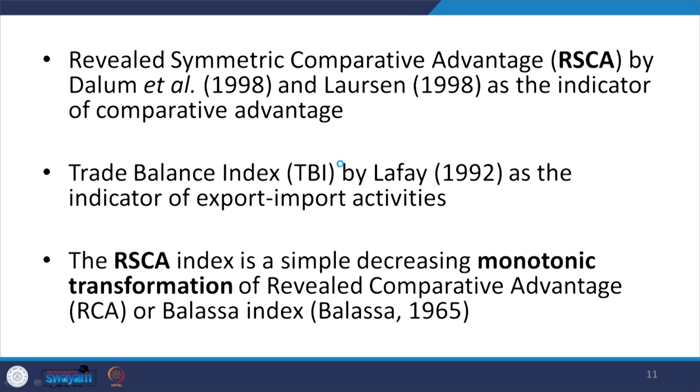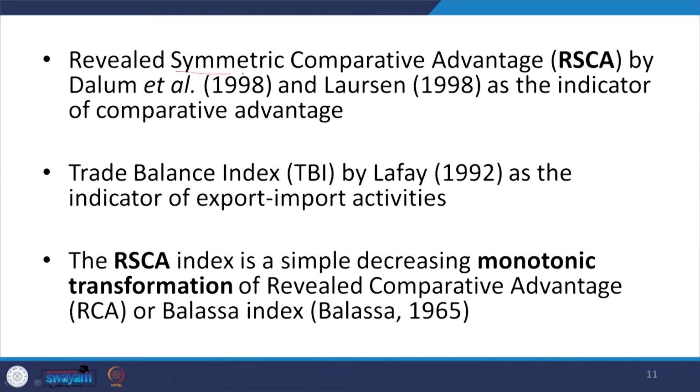as systematically as possible. So, there are basically two approaches applied by the authors. They said instead of revealed comparative advantage, which we tried to discuss but is incomplete, we will discuss today in another 5-6 minutes in detail. So, revealed comparative advantage is not just enough to explain; they said it must be systematically presented, developed by Dalum et al. in a 1999 paper and a Larson 1998 paper as the indicator of comparative advantage.